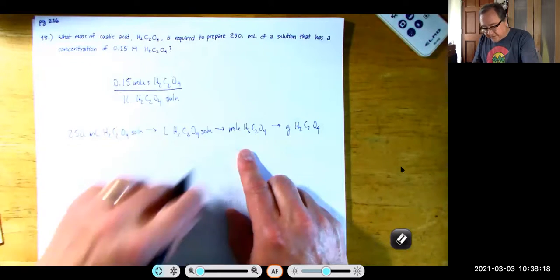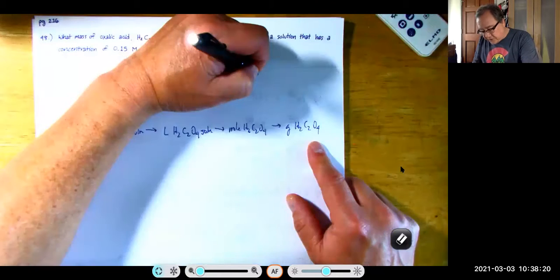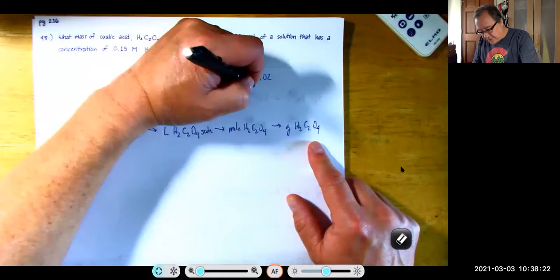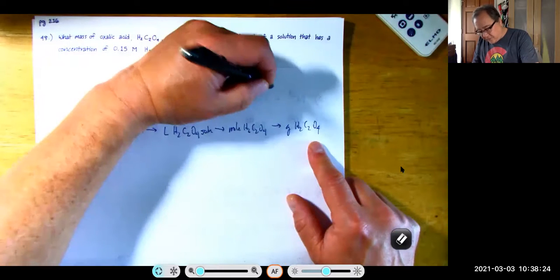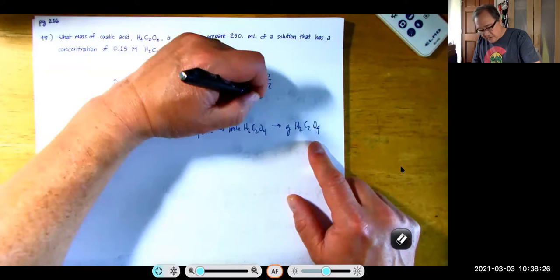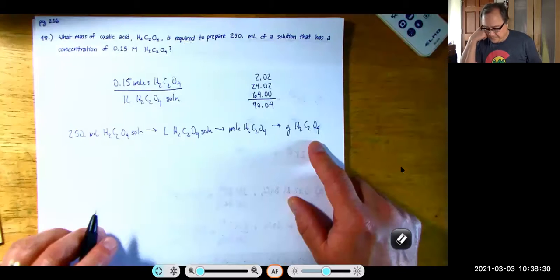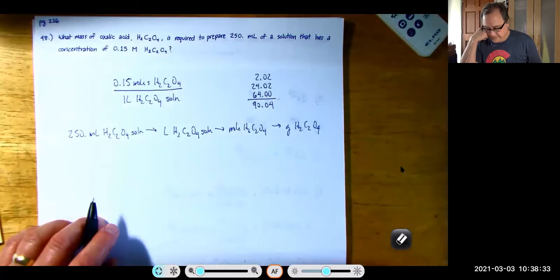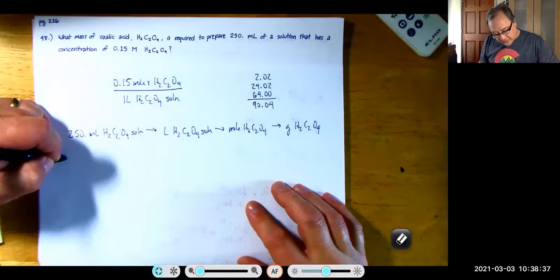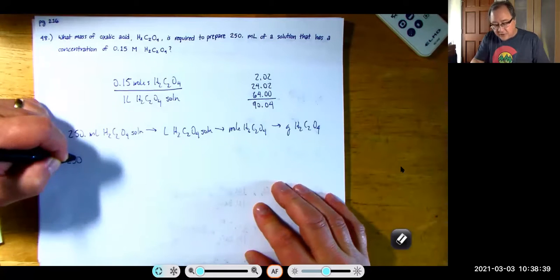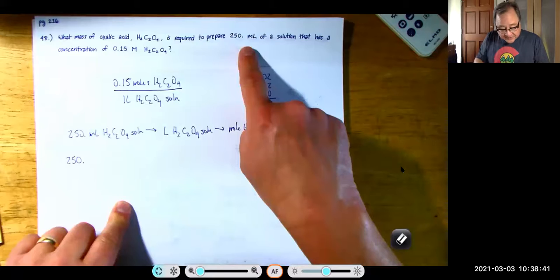The molar mass of this stuff is 2.02 plus 24.02 plus 64.00, which comes out to 90.04. Okay, so here's how it all looks out, 250 point. Now notice the decimal means that that zero is significant.